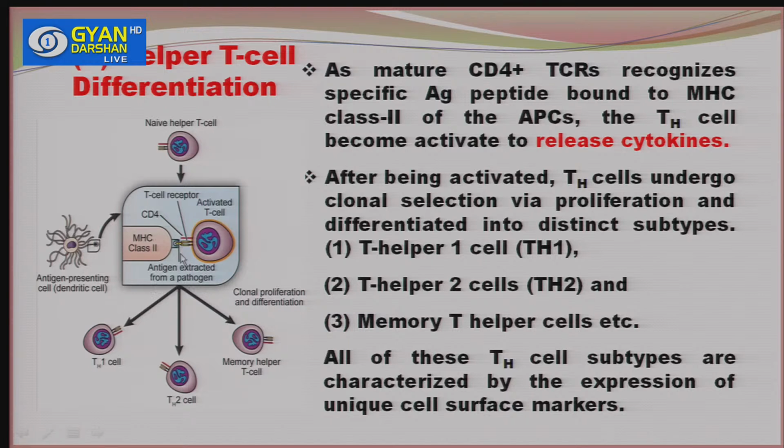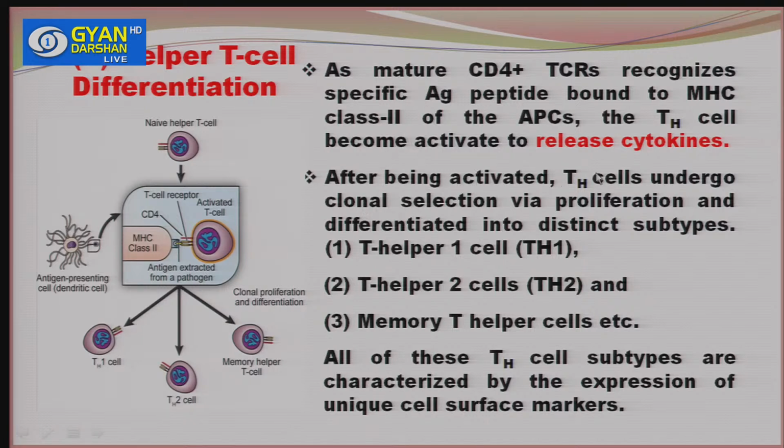So here are the peptides extracted from the pathogen, and ultimately they will differentiate into the T helper 1 cell, T helper 2 cell, and memory T cells. So they are able to differentiate into three types of cells: memory T cells, T helper 2 cells, and T helper 1 cells.